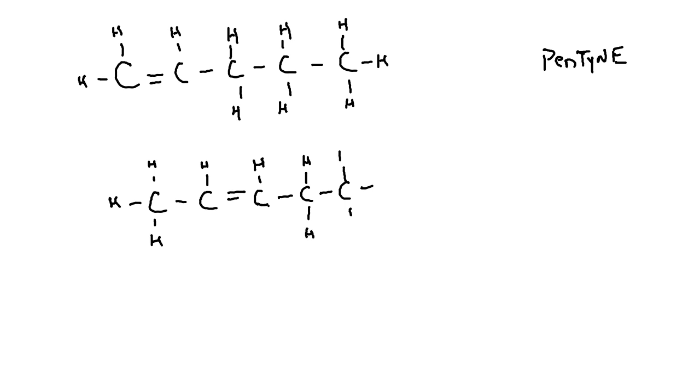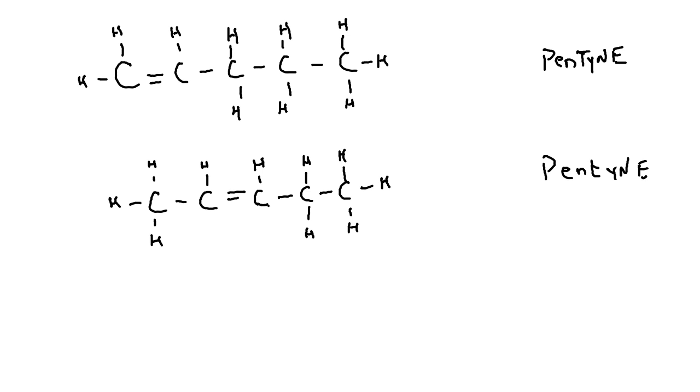Well, this is also pentyne, okay? But they're different. These are not the same pentynes. Why are they different? Because of where the triple bond is. Now, I know I said when we first started that organic chemistry is very sensitive to which carbon the substitutions are, and also which carbons these bonds are going to be on.